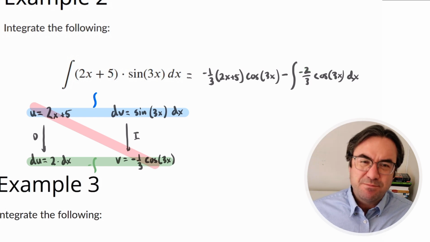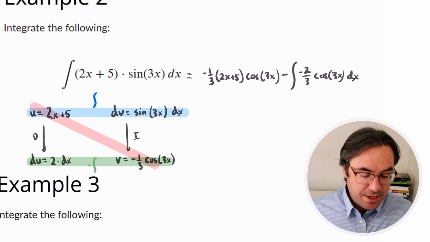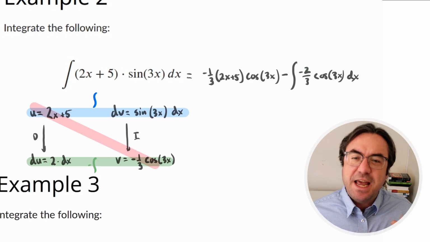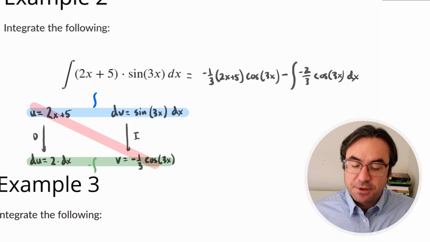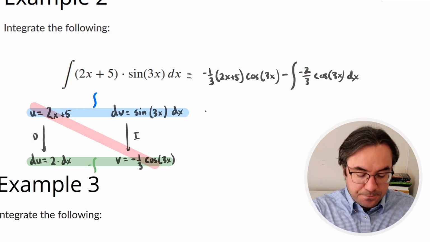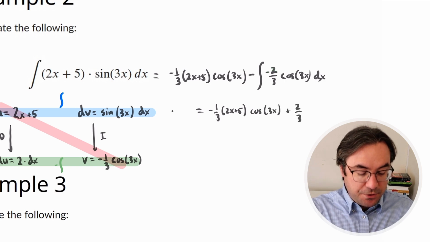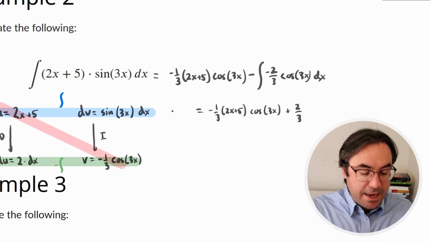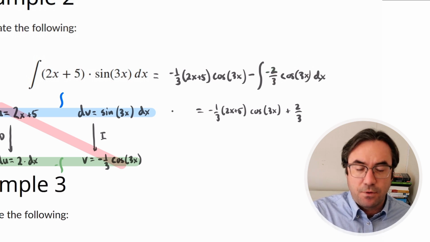Maybe before we actually go through, it's worth simplifying this. With integration by parts, you end up with a lot of negatives, so as you go along, it's a good idea to simplify any negatives. We'll have our negative 1/3, 2x plus 5, cosine 3x, and then this will be plus 2/3. And let's get the antiderivative of that cosine 3x. Again, this is just another k-form.